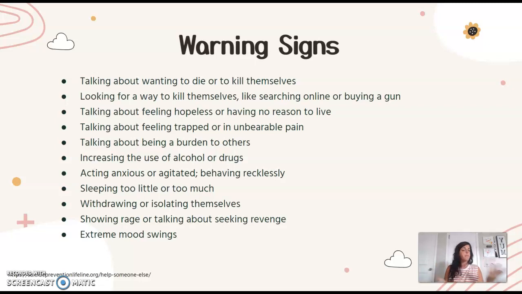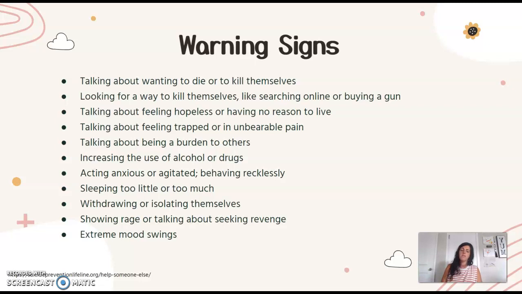Withdrawing or isolating can be a little bit hard in dorm life, but if you're noticing that someone's not coming out of their room as much, leaving campus, not coming down to the dining hall or on-campus activities, not coming to chapel, that might be a sign you want to check in on somebody.